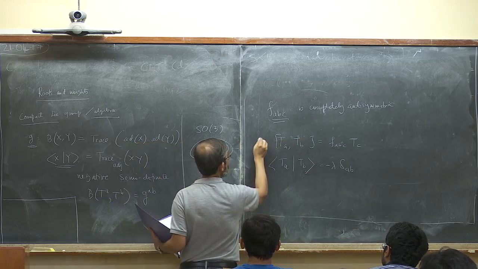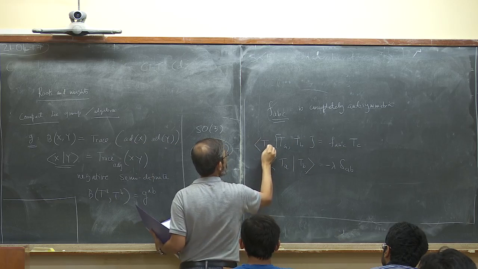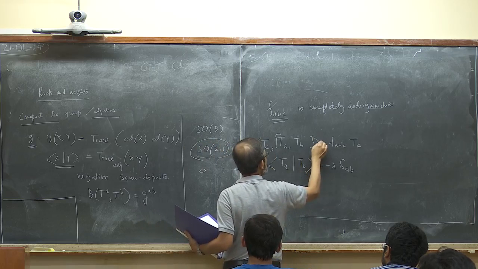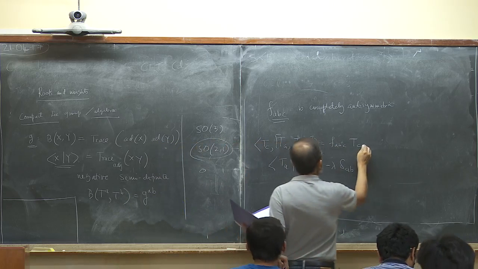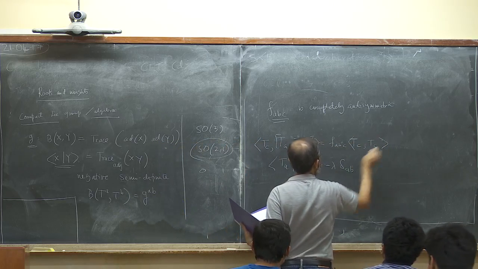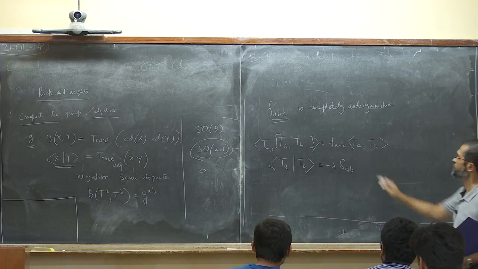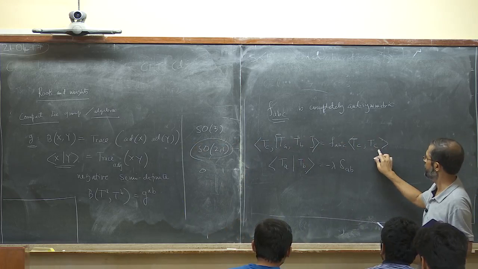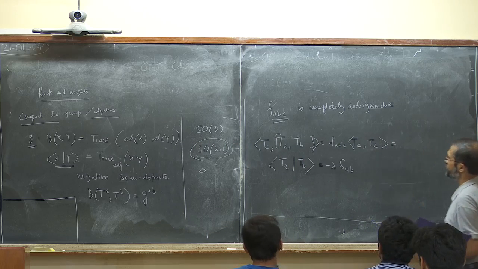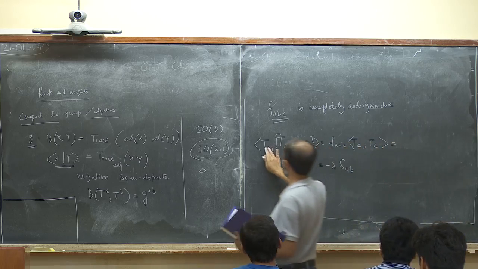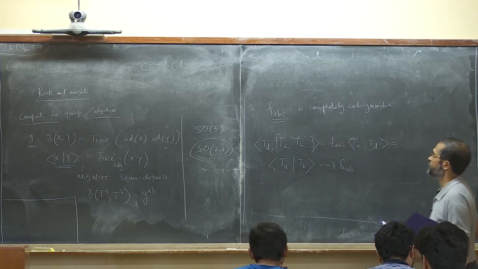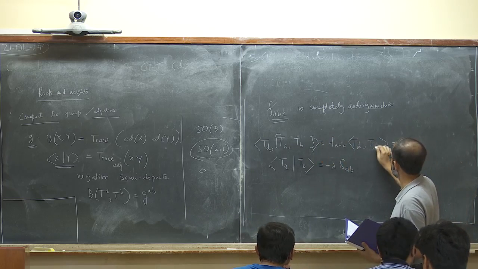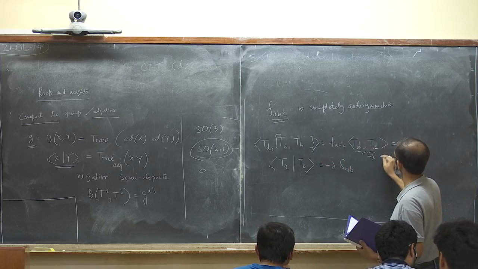I will take a scalar product of this equation with T_D, with no summation over it. (T_D, T_C) is minus lambda delta_CD.